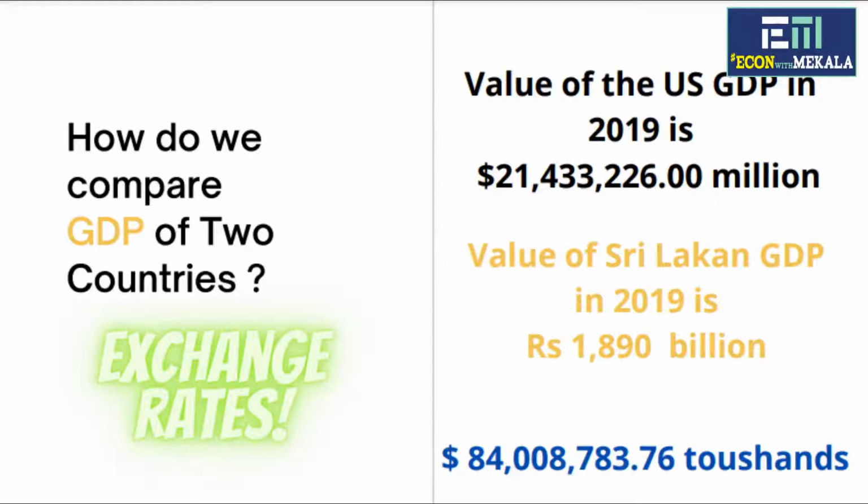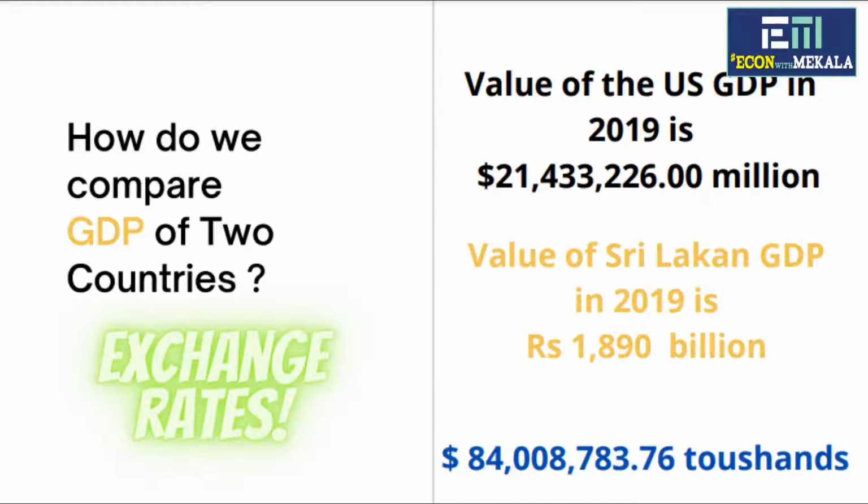If you take the GDP of the United States, it's calculated in US dollars. And if you take the GDP of Sri Lanka, it's calculated in Sri Lankan rupees. How can we overcome this problem if we want to compare the GDP of the United States against the GDP of Sri Lanka?